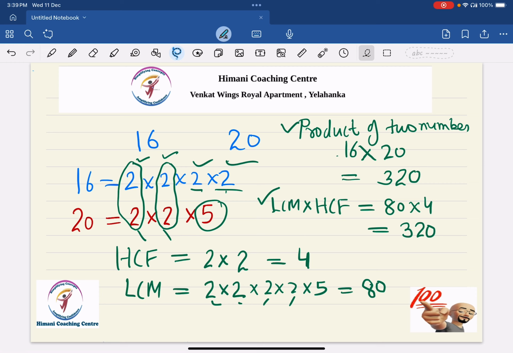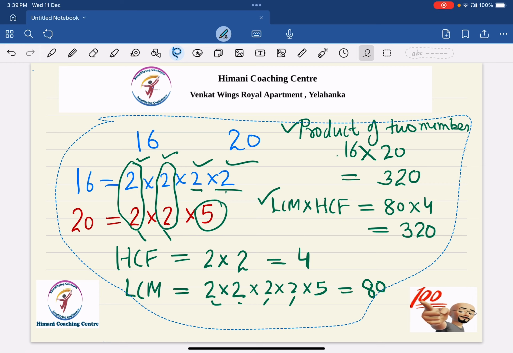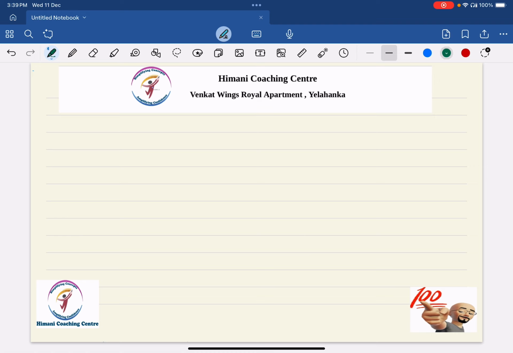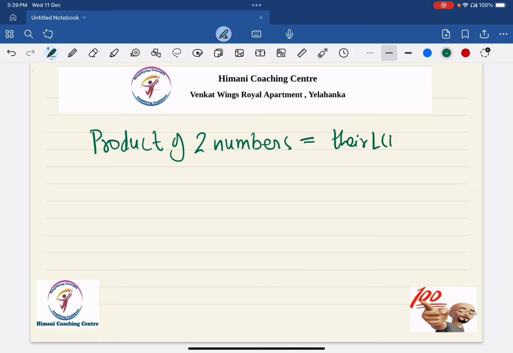Okay, so what have we understood? Let us write this down. You can just make a note of this, and now let us write the rule. So we say that the product of two numbers is always equal to their LCM times their HCF.